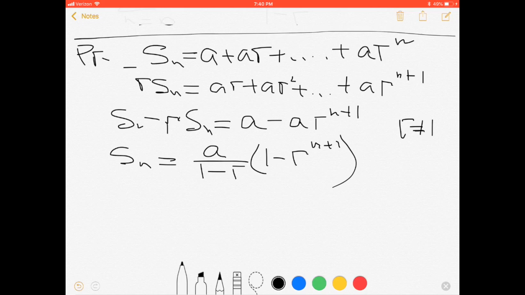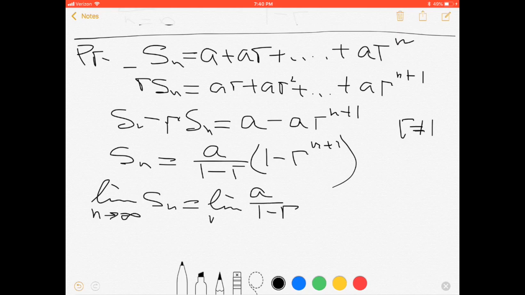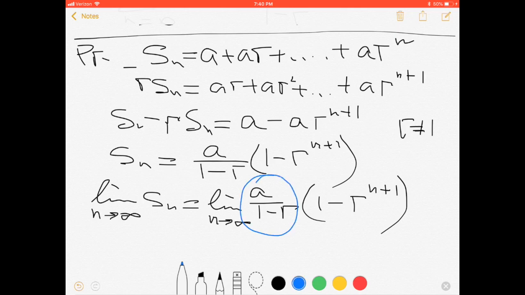Okay, great. What will be the limit of S_n as n approaches infinity? It will be the limit of a over 1 minus r times 1 minus r to the n plus 1 power. This part does not depend on n, so we only look at what happens inside the parentheses.